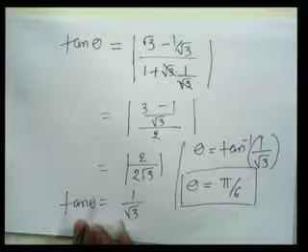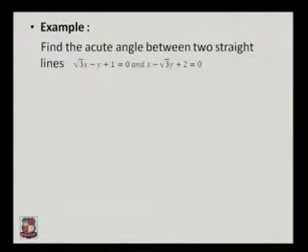So if we want to find the angle between two lines whose slopes are given, or the lines are given, here we have been given two lines, and using the equations of those two lines we found the slopes of both lines, and then we used the formula mod of m1 minus m2 upon 1 plus m1 into m2, and then we found the value of tan theta, which is equal to 1 upon root 3.